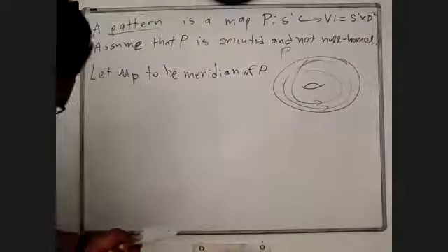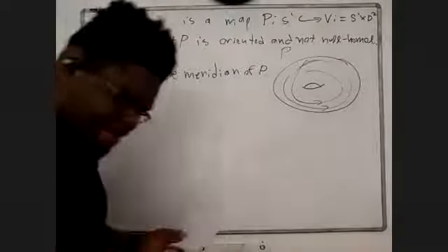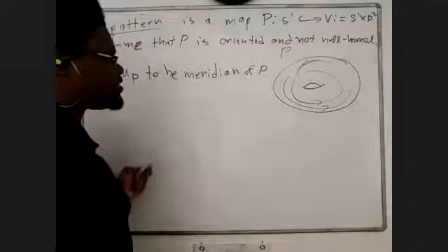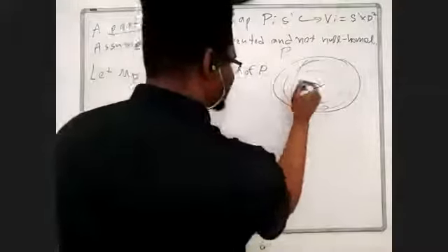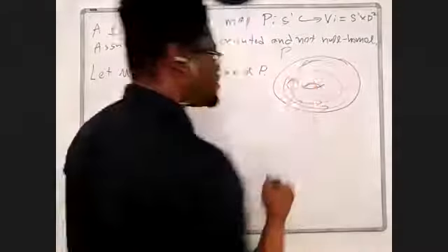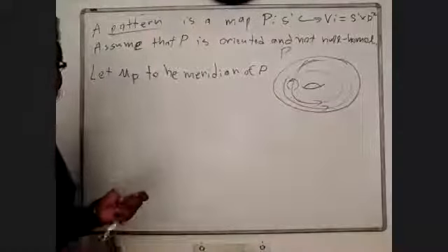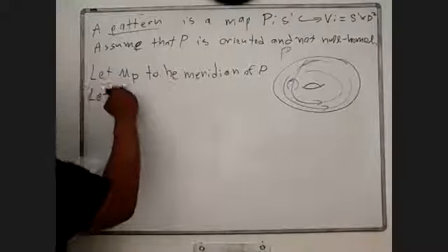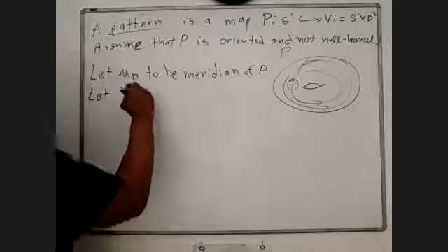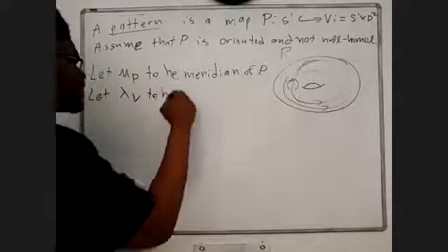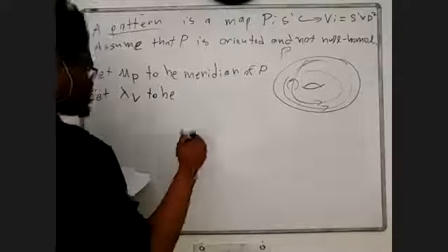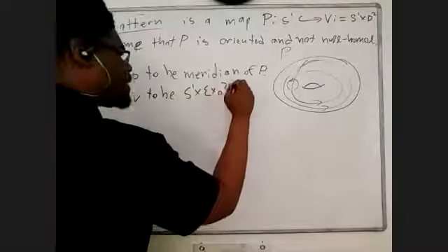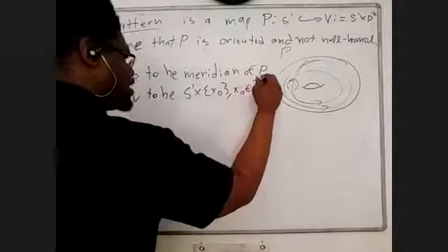So let's do them one at a time. Let's say mu p is going like this. So mu p would look like that. And then we're going to define lambda v to be S1 cross a point, some point in the boundary of our disk.